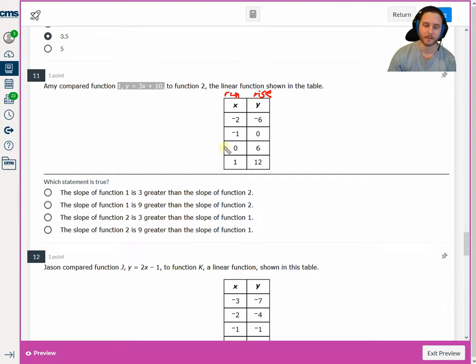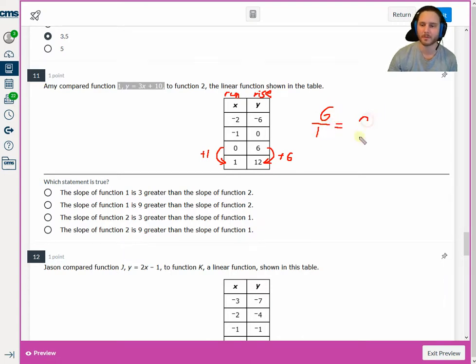For my rise, it looks like we are increasing by 6 each time. So, plus 6. All we have to do is put that in rise over run form. 6 over 1.